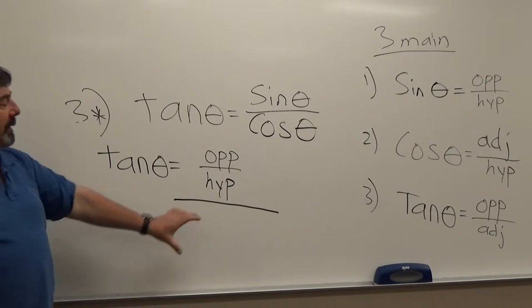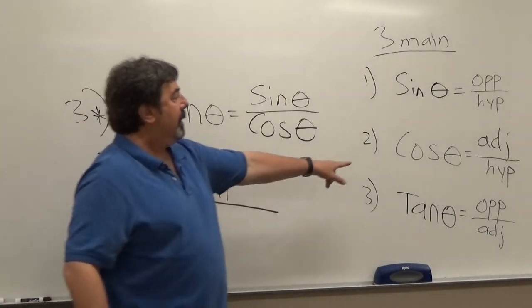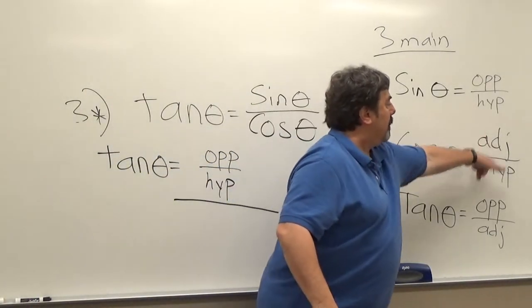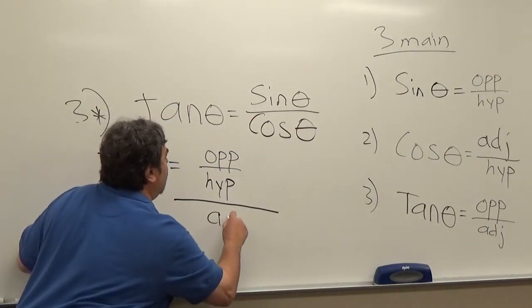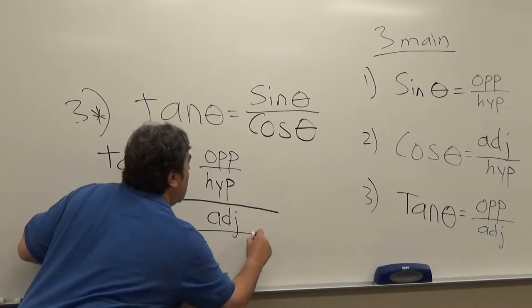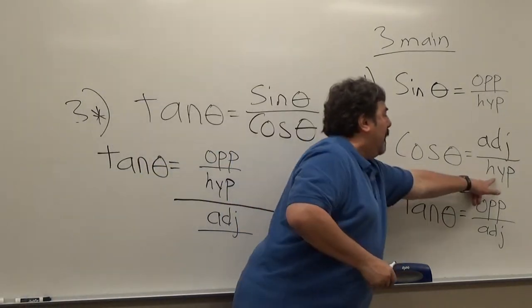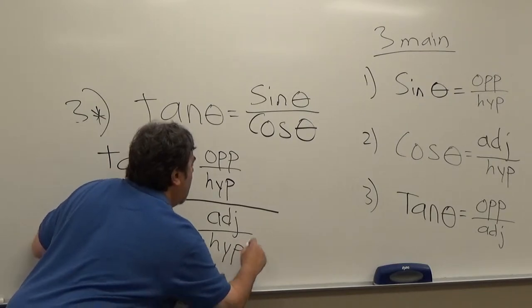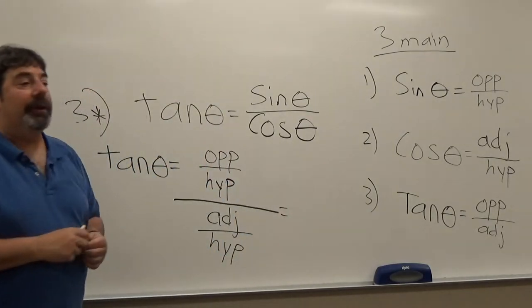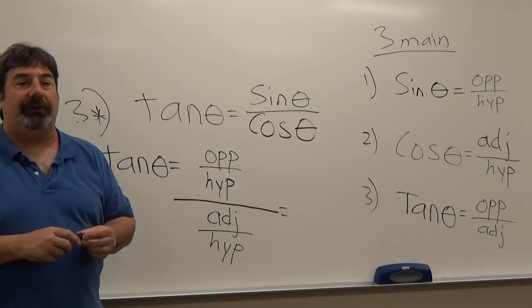And if I plug in the definition of the cosine right here, so that's going to be the adjacent over the hypotenuse. Okay? Now this fraction can be reduced.